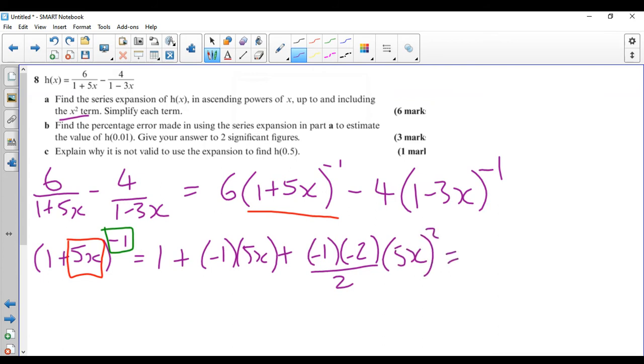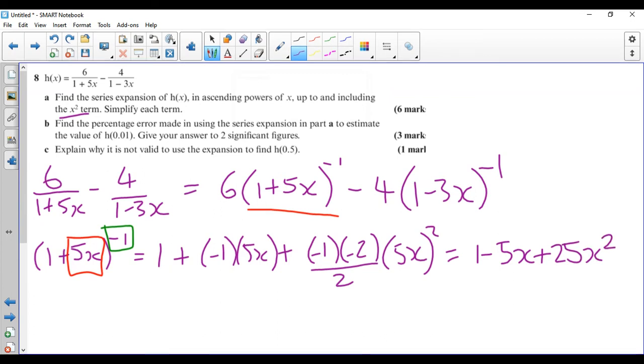Written up, I've got 1 minus 5x. The 2's cancel, and 2 minuses make a positive, so I have 25x squared.